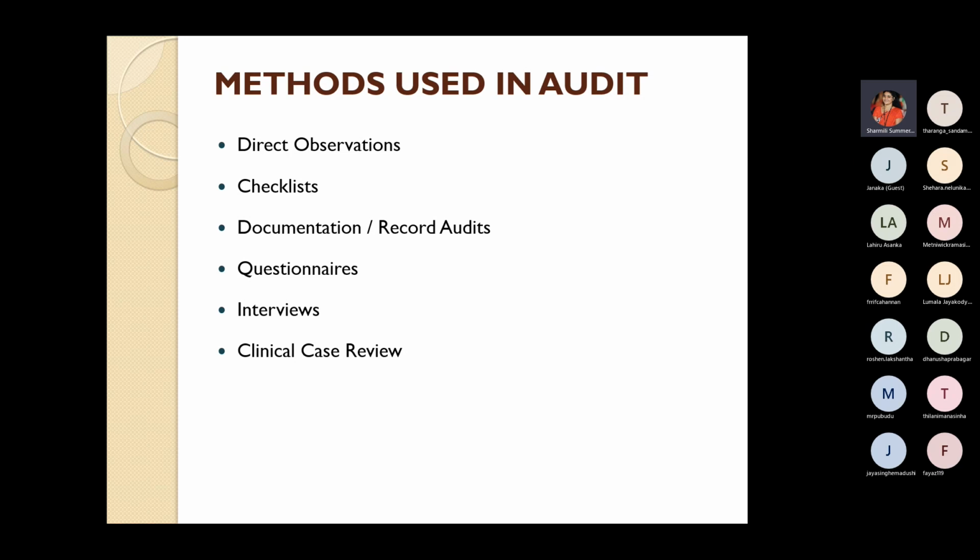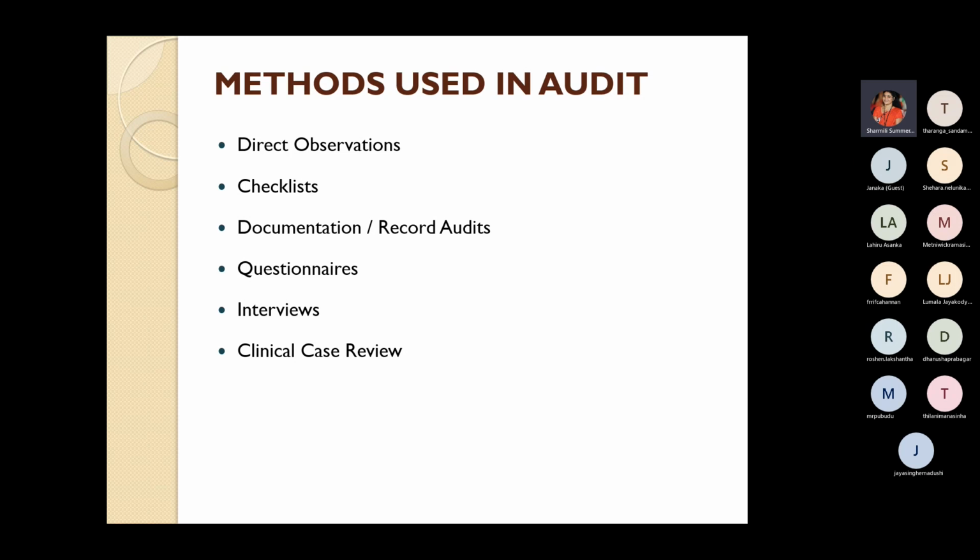Documentation or record audits. Simply, they have documents and records, and we go through all those things and assess how the records and documents are. And questionnaires. Normally these questionnaires are like feedback forms.